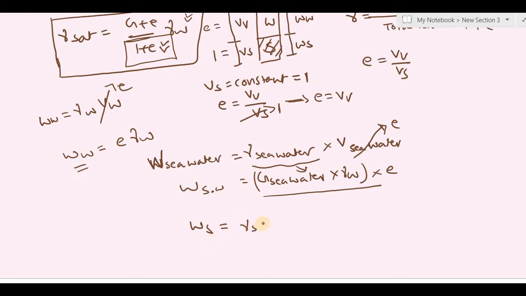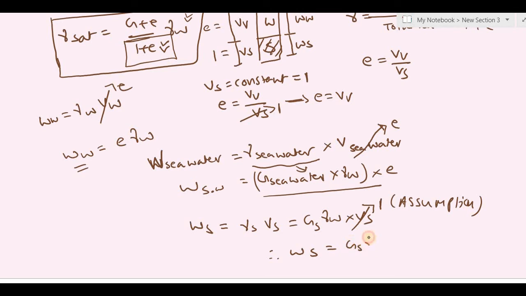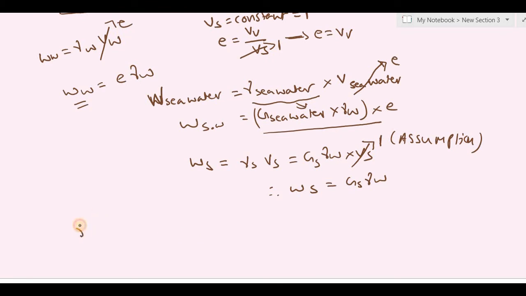Weight of solids equals density of solids into volume of solids, so it's the specific gravity of solids into unit weight of water into Vs. As we assume that Vs equals 1, this is an assumption, the weight of solids equals Gs gamma W. Now gamma sat, the saturated unit weight, equals total weight by total volume.